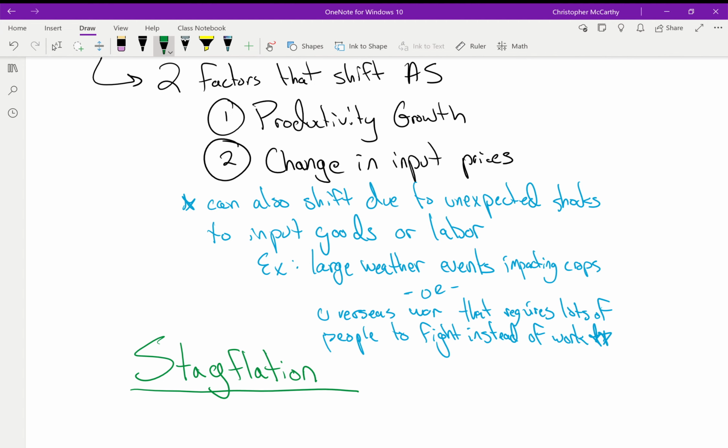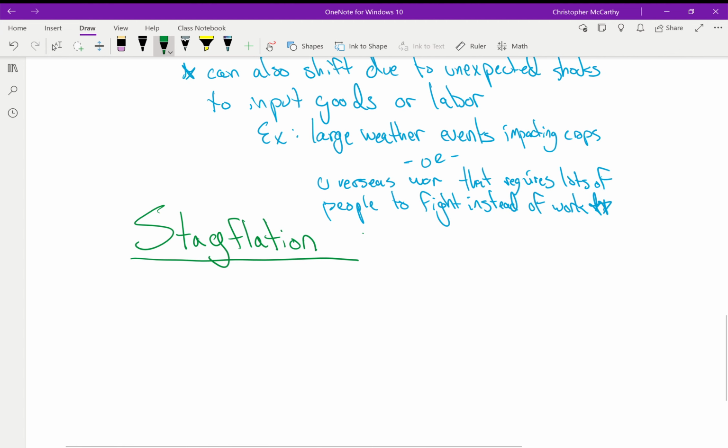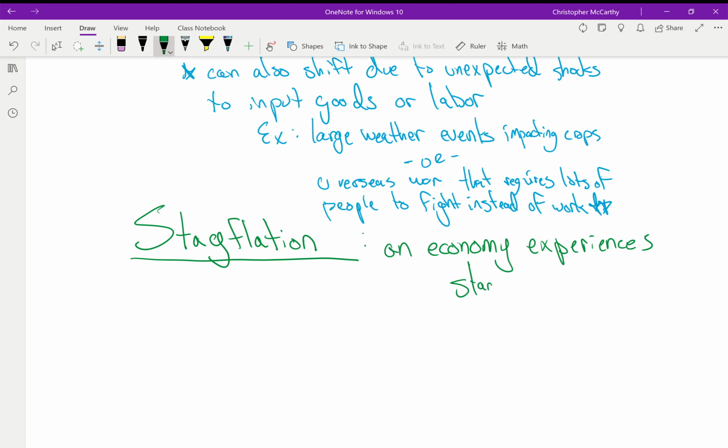So stagflation is the situation where an economy is experiencing both stagnant growth, or tepid growth, depending on what adjective you want to use, and high, stubborn, persistent inflation, right, at the same time.